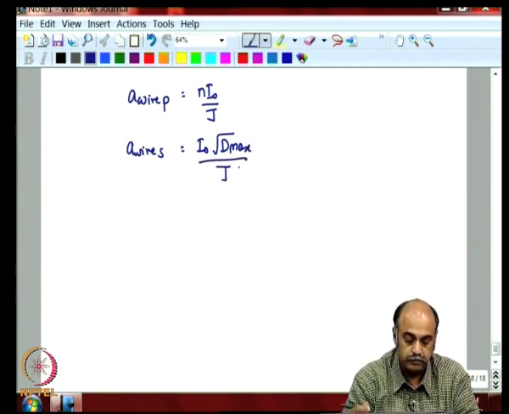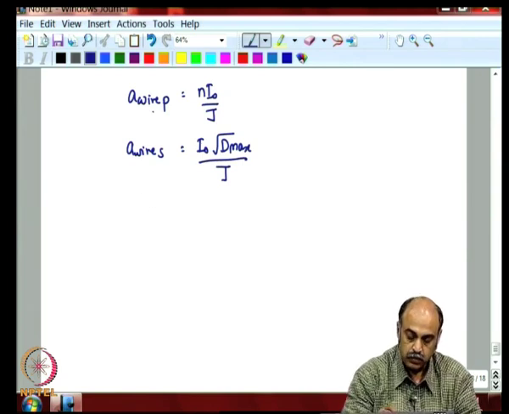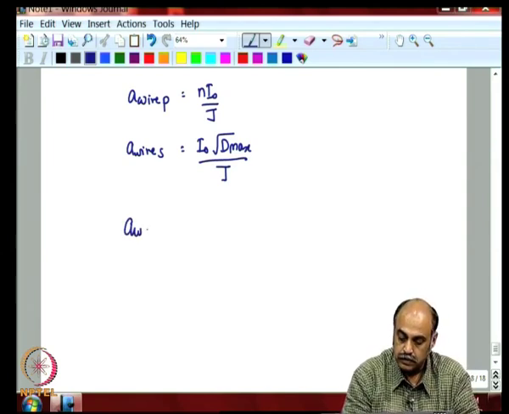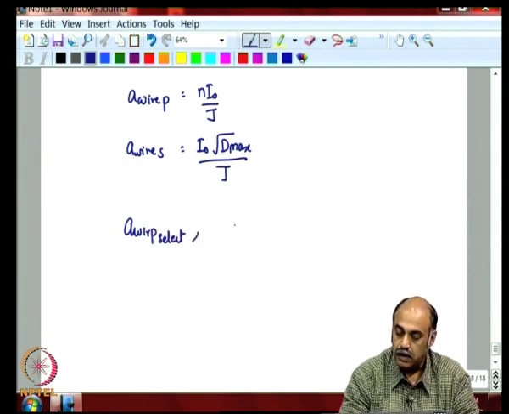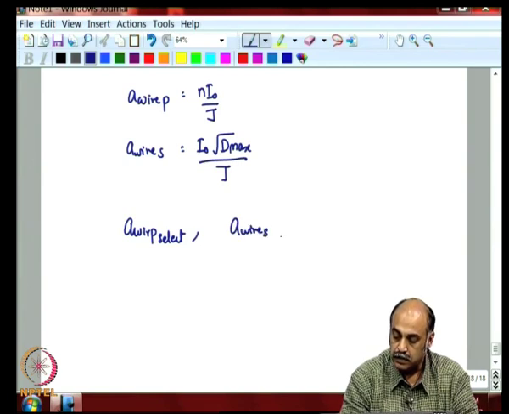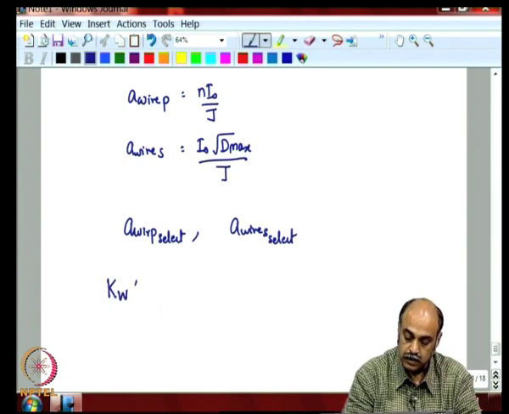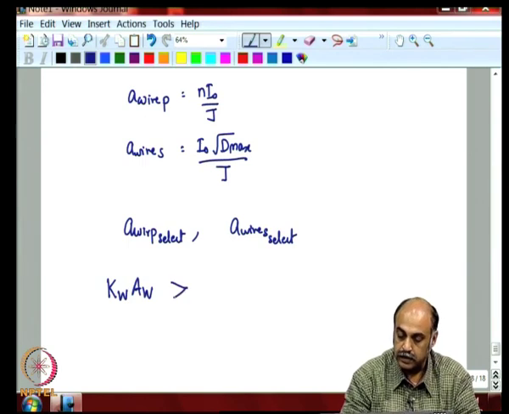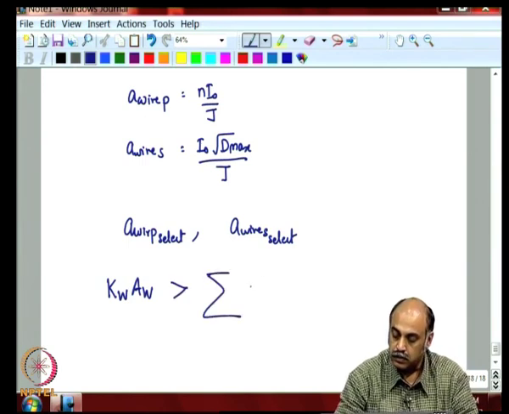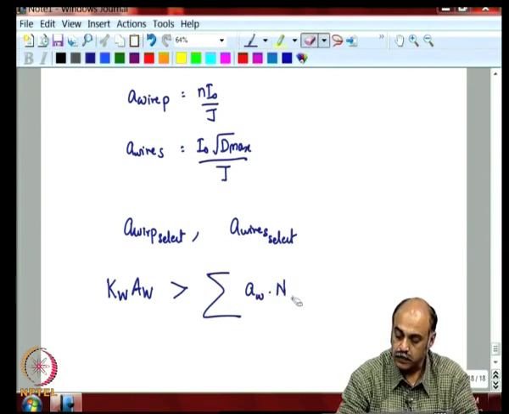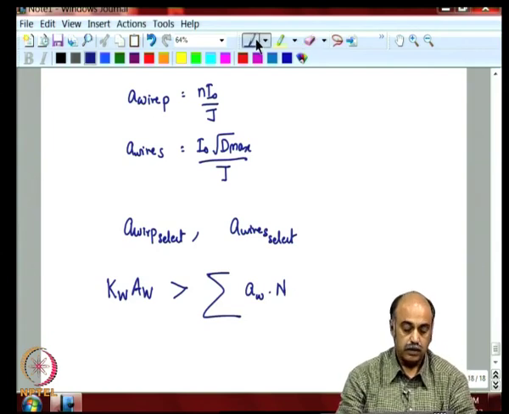So, this all comes from the DC-DC converter analysis itself, and then look into the wires table and you will land up with a wire primary selected and a wire secondary, and that is what you select, and check that kW AW is greater than sigma all of A wires into n, which should be satisfied.